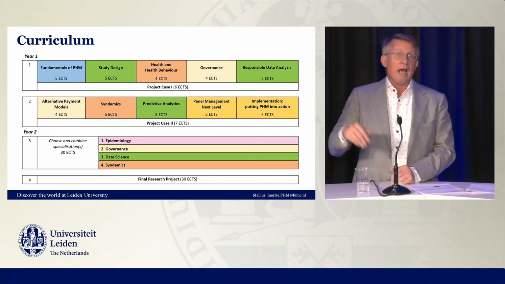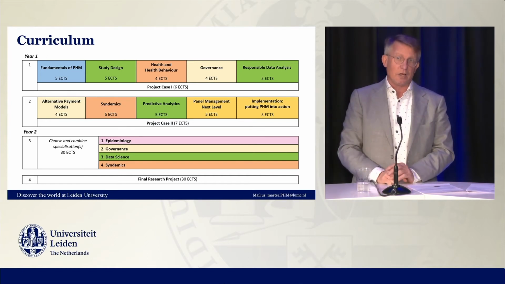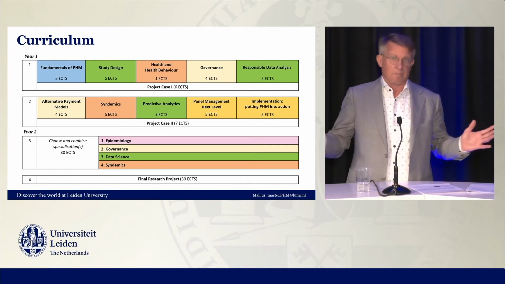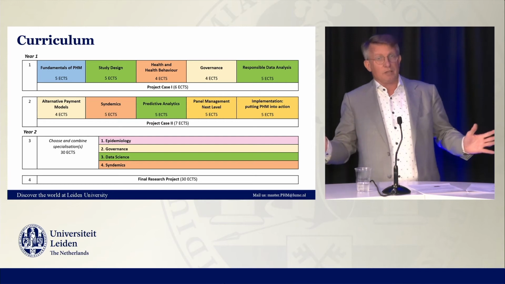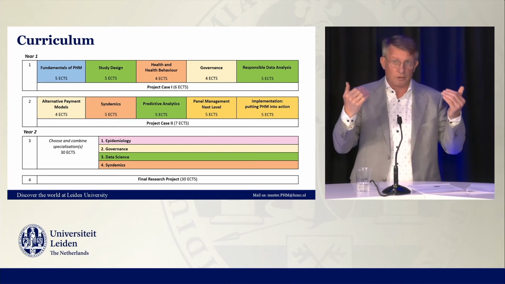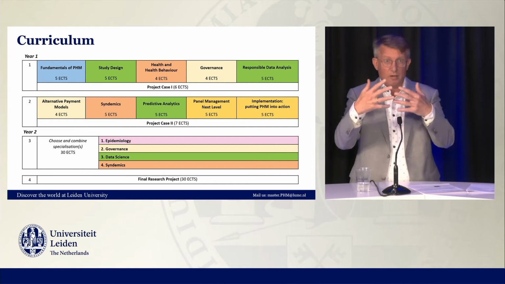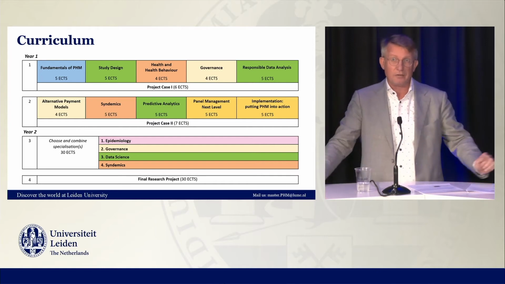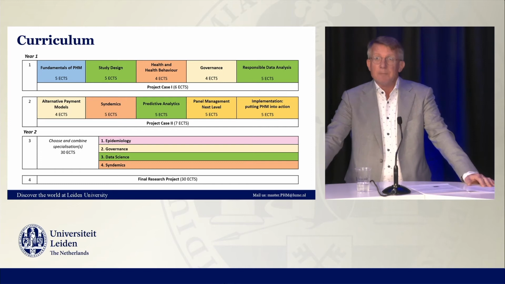And then we enter the second half year, and you look at the labels of alternative payment models, which is of course about financing, and syndemics, which is about medical and social determinants combined with each other on the progression of health and diseases.